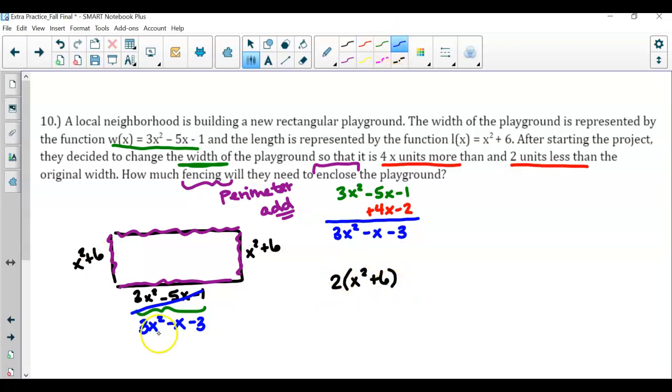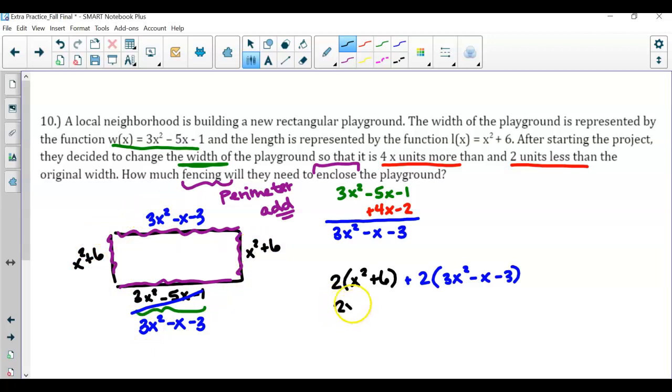And then we have, remember, our new width. So 3x squared minus x minus 3. So we're adding to that, we're doubling our new width here, 3x squared minus x minus 3. Now, you don't have to double like how I showed here. You could just go through and start adding, combining like terms, and you'll get the same answer.